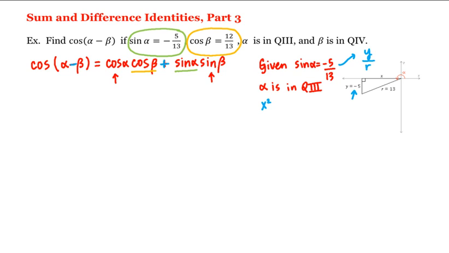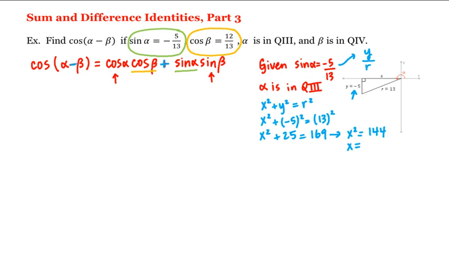Namely, x squared plus y squared is equal to r squared, or x squared plus negative 5 squared is equal to 13 squared, or x squared plus 25 is equal to 169, and therefore x squared is equal to 144, which means x is plus or minus the square root of 144, which is equal to plus or minus 12.